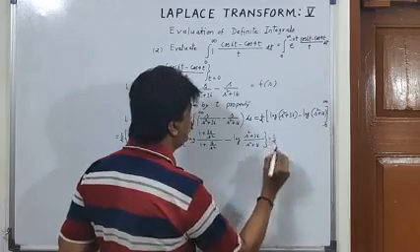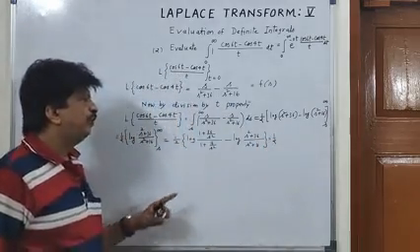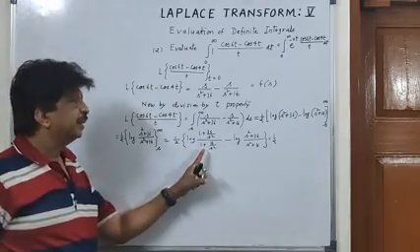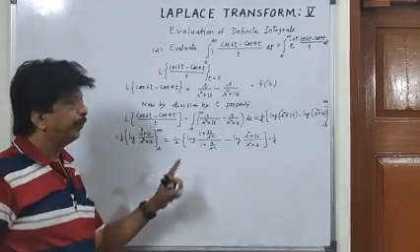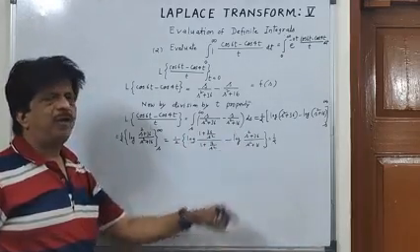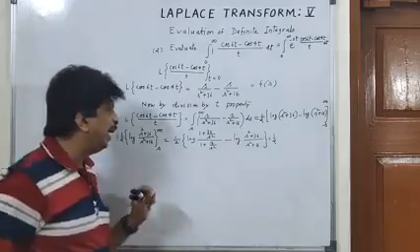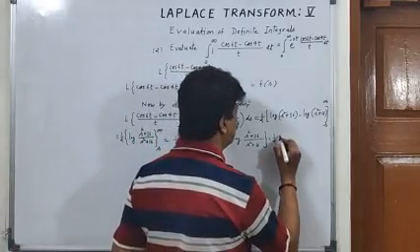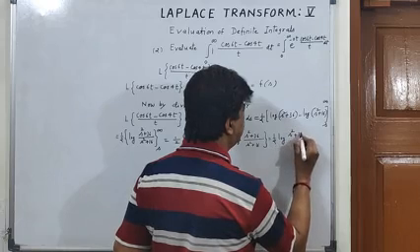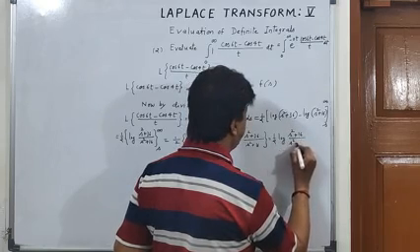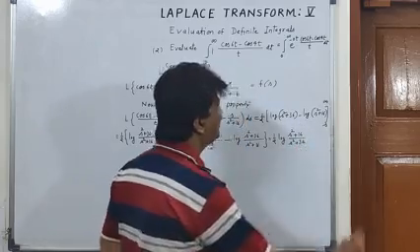Now if s tends to infinity, numerator and denominator become 1. Log of 1 is 0. So, minus times log of a by b is equal to log of b by a. So it is equal to 1 by 2 times log of (s square plus 16) upon (s square plus 36).